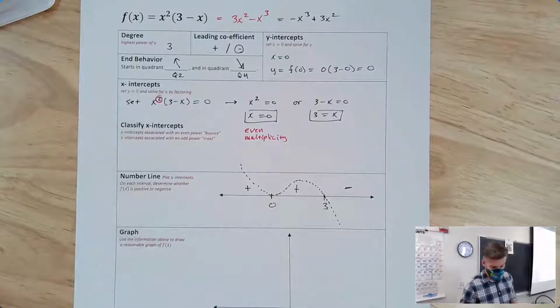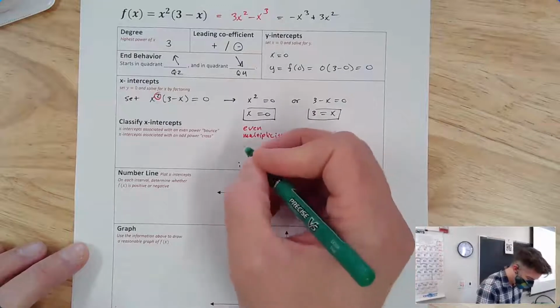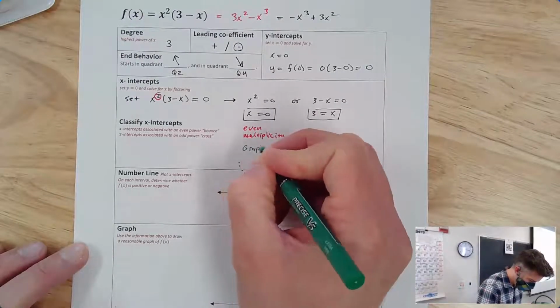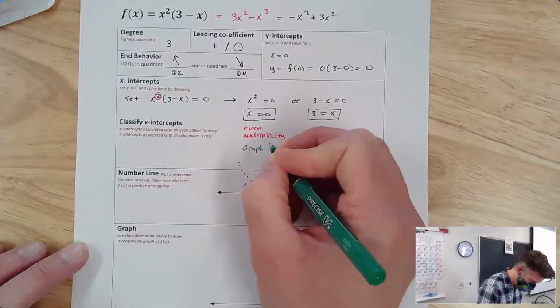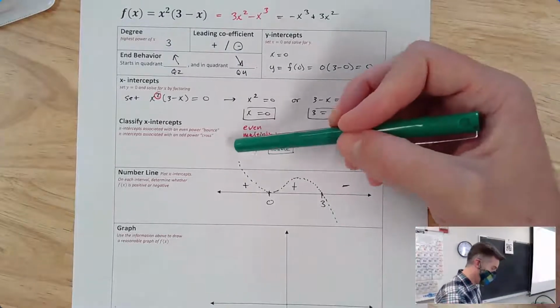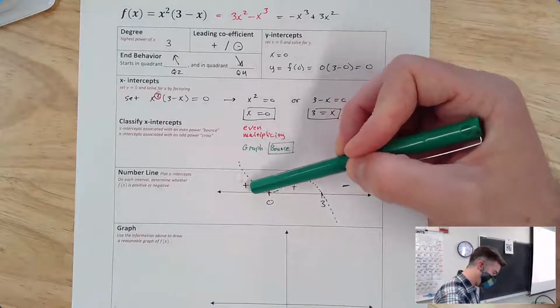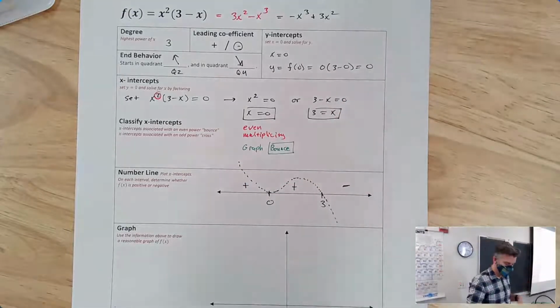And what that's going to correspond to is at this intercept, the graph is going to bounce. I just like saying bounce, I'm not going to lie. It's fun to say bounce. It's going to bounce off the x-axis, which we can already see happening. Because look, it's positive to the left of 0, it's positive to the right of 0. It bounces off the x-axis.